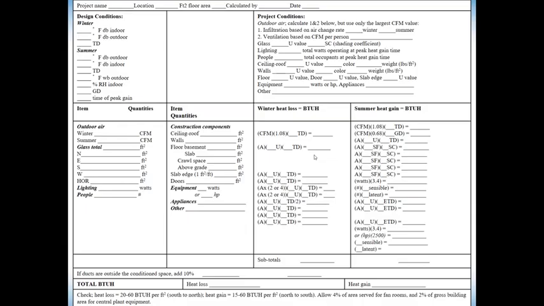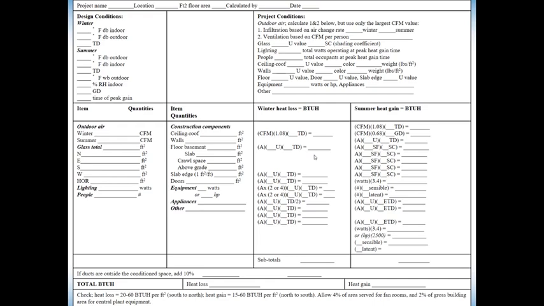First of all, we have the project name and the location and the square footage of the area. By knowing the square footage of an area and also the height in general, since we will have the blueprints of the house, we can easily calculate all these things.